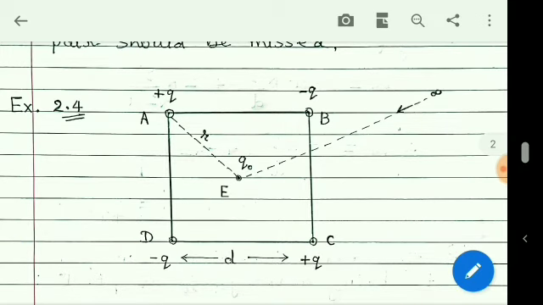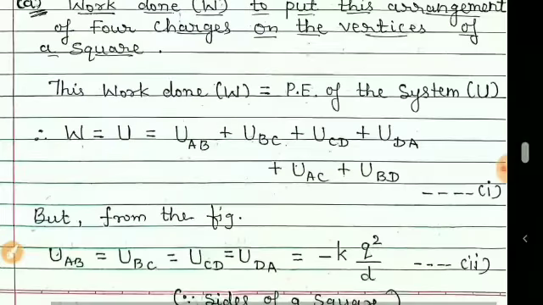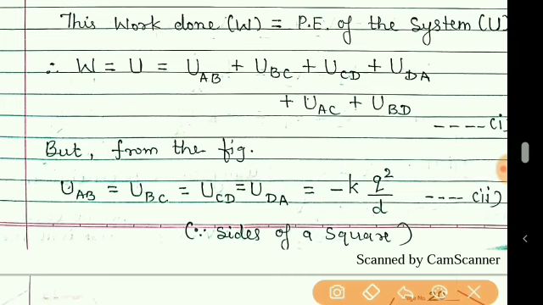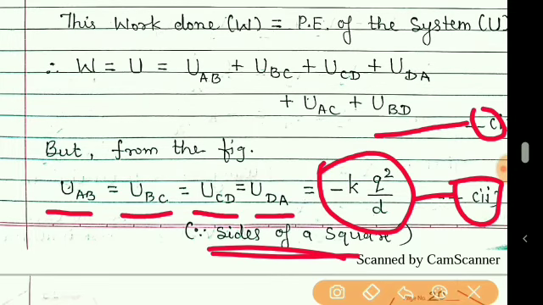Also for A and D, the potential energy is the same. So I have written here that the potential energies UAB, UBC, UCD and UDA are equal, and that is equal to this. Let us give these equations number 1 and this as 2. So for the sides it is completed, and we also obtained this.